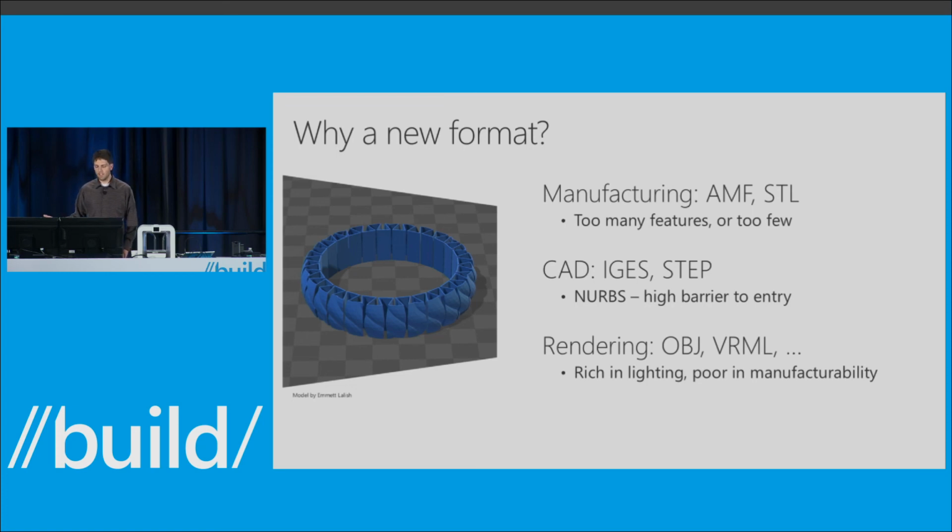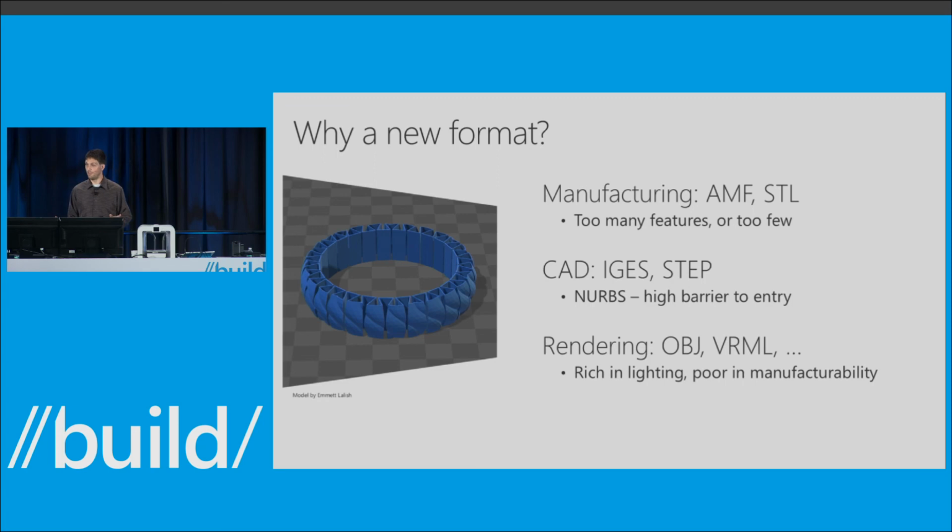So, there are lots of other formats to look at as well. Obviously, manufacturing is not limited to 3D printing, and the rest of the manufacturing world mostly uses CAD. They've got file formats, IGES, STEP are very common, but these are NURBS formats. And let me tell you, non-uniform rational Bezier splines are not for everyone.